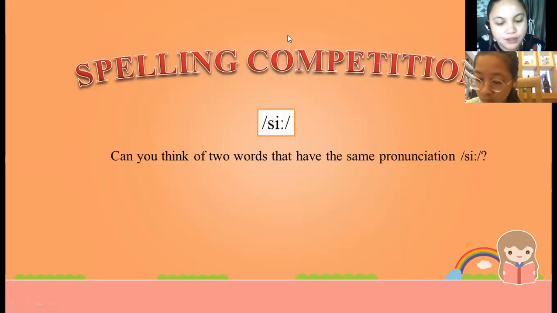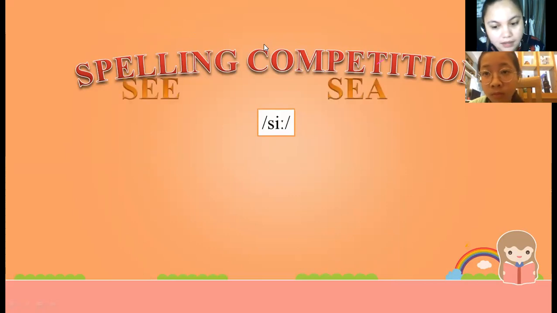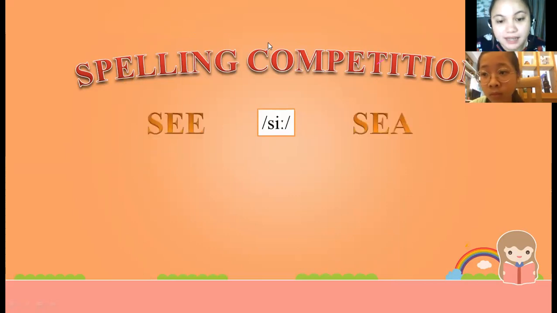Okay, next one. Let's have a spelling competition, okay? So can you think of words that have the same pronunciation as C? Oh, okay. So this one is an example. C and C, okay? They sound the same, but they have different meanings, right?